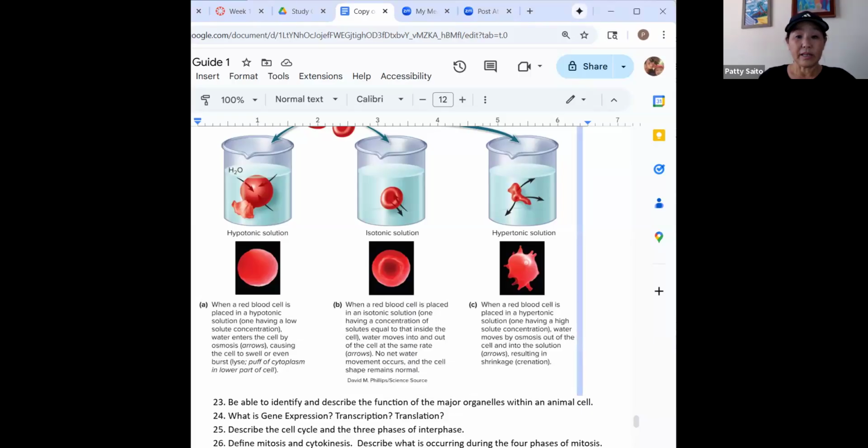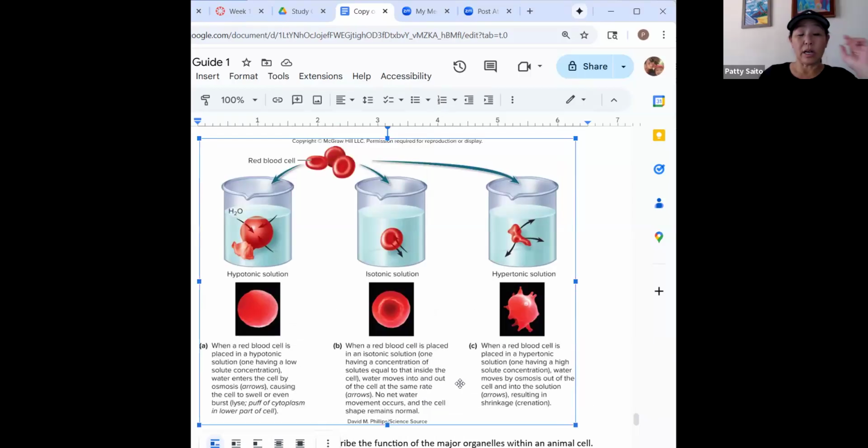This is a little backwards, so I won't show this picture. When you actually look at red blood cells under the microscope and you add different solution concentrations, you can see them getting all fat or shriveling up. So it is apparent under the microscope.